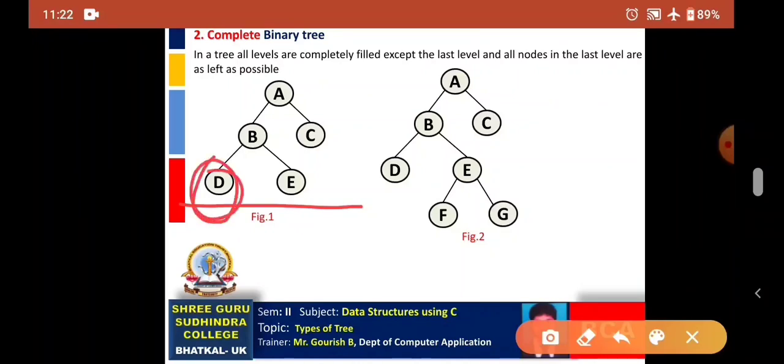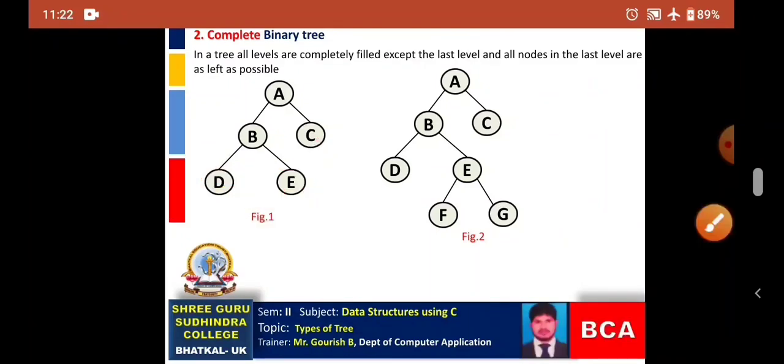D. D is the leftmost child at the last level. Then next one is E, right? Children of C are missing, but it is fine because it starts filling from left to right. Left side is completely filled, only the right side part is missing. That is the reason it is the complete binary tree.